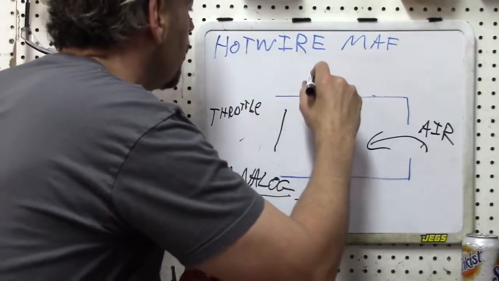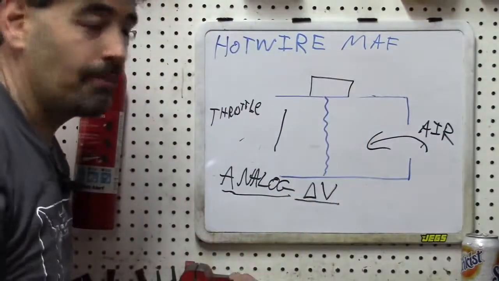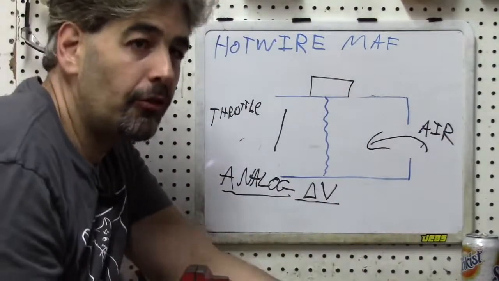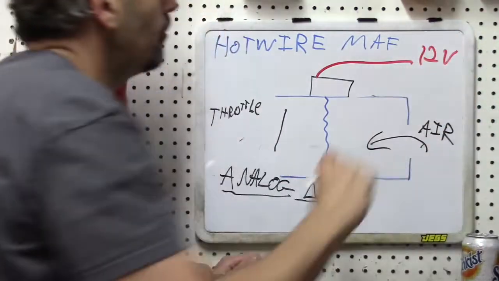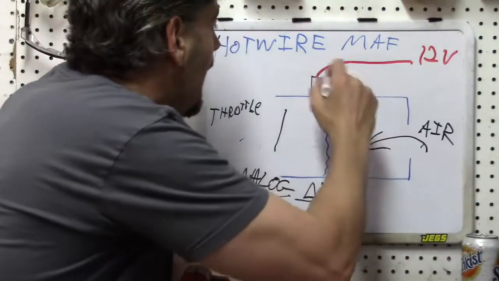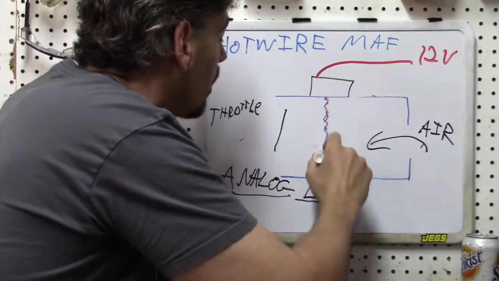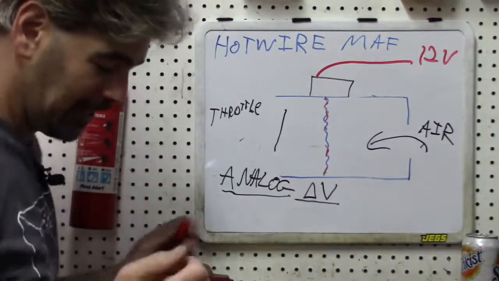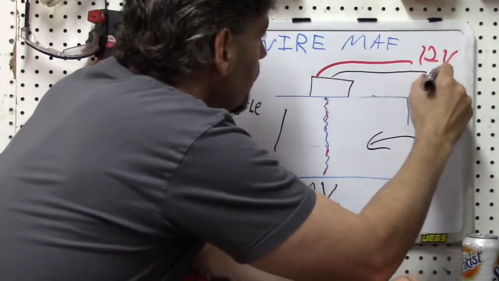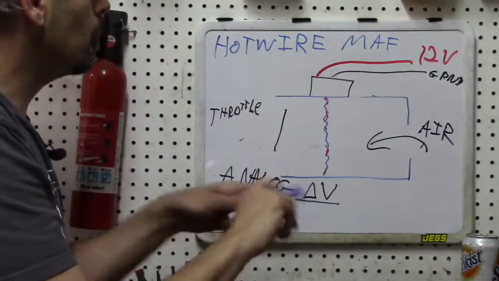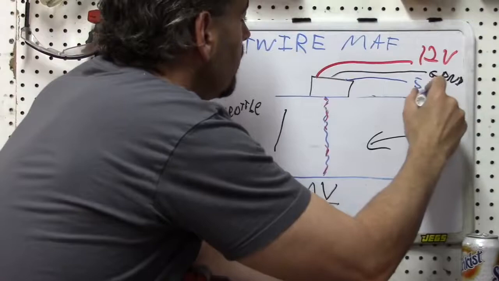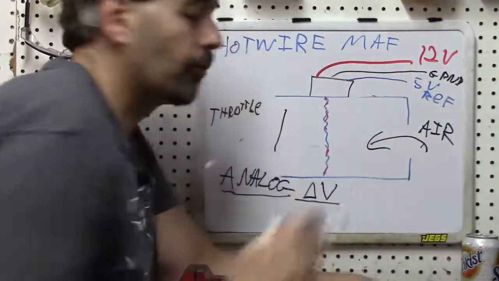There are going to be 3 wires on this sensor, sometimes 4. Those wires will be, first and foremost, a 12 volt supply to actually power that wire. The second one is, of course, going to be a ground. And your third wire is going to be your 5 volt reference wire.